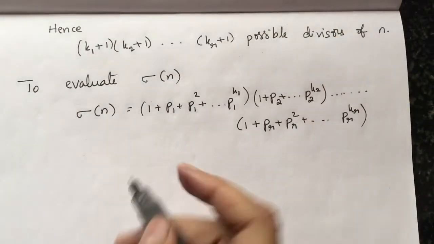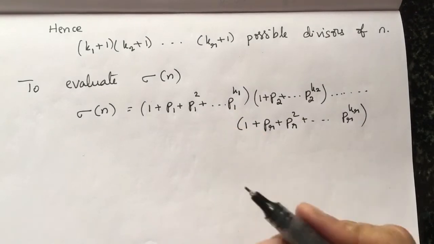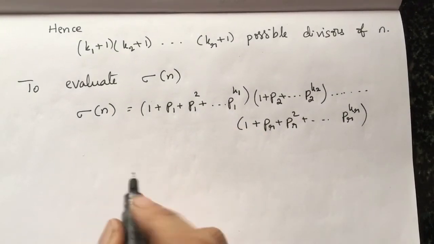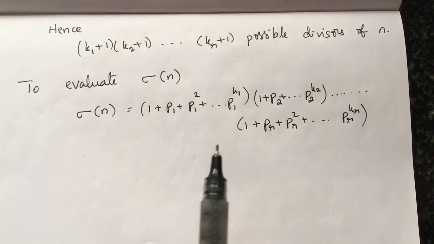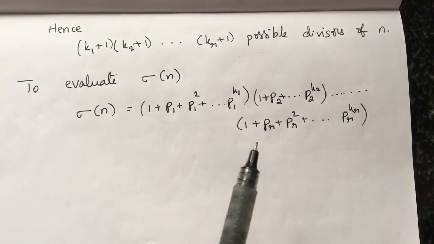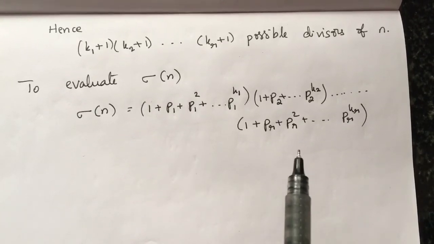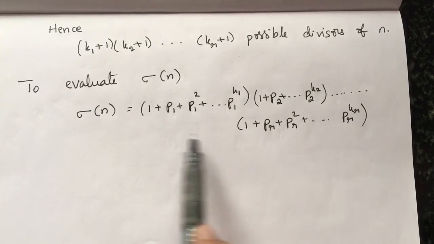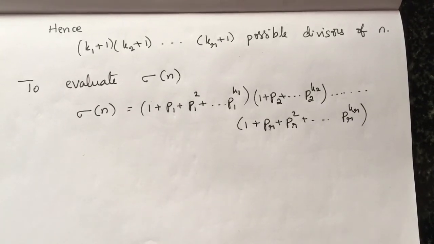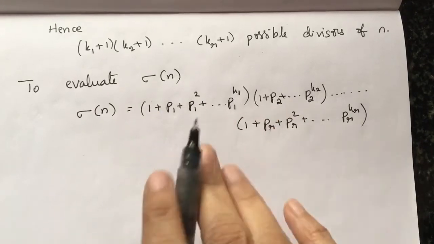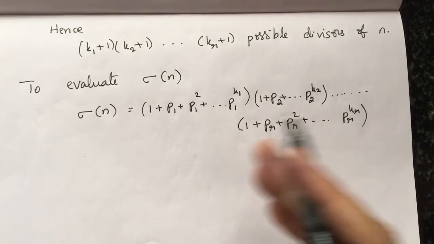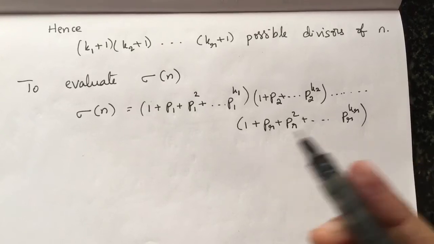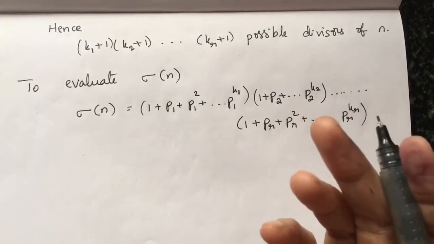Now I'll complete the proof and then I'll go back. Each positive divisor of n appears once and only once as a term in the expansion of this product. When I take n equal to p1 power k1, p2 power k2 up to pr power kr, each prime may appear many times, right?